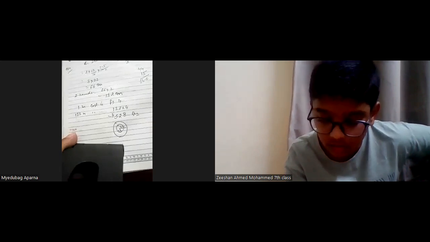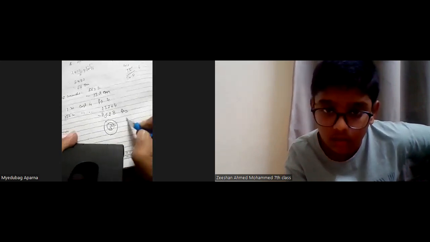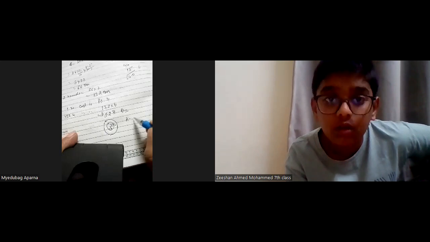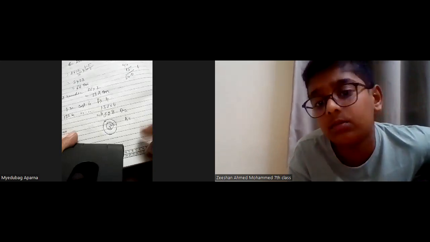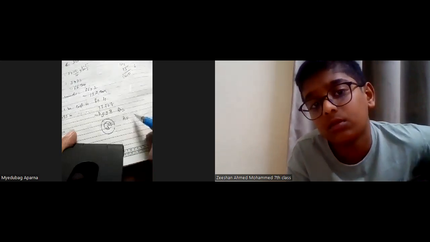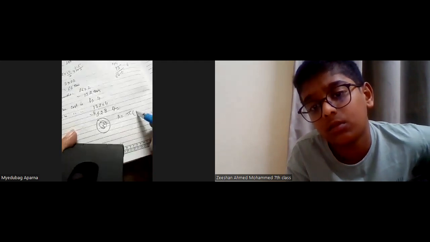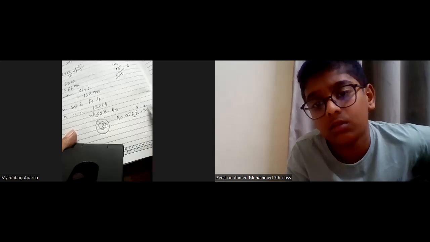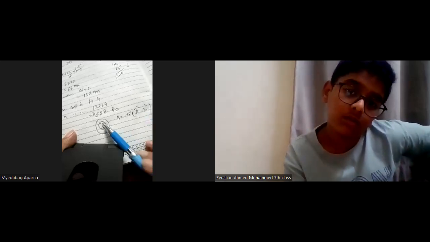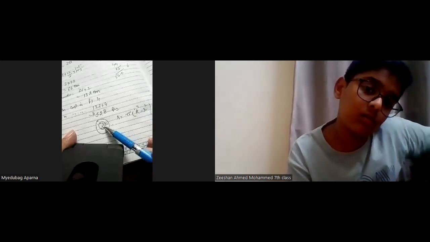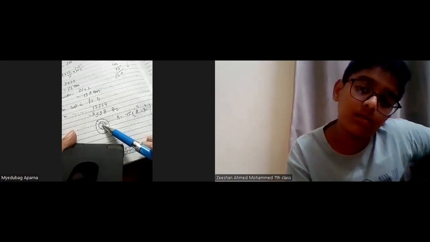Area. You know how we can find? Here the two radii are given. So we know the formula is pi r square, but the two radii are given. So the formula is pi, capital R square minus small r square. Capital R means the bigger one, small r means the smaller one.